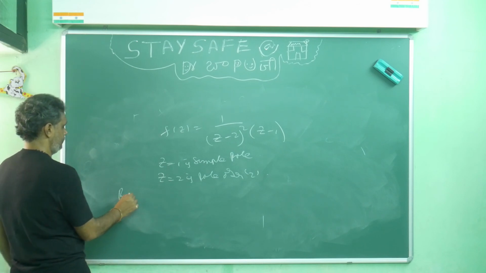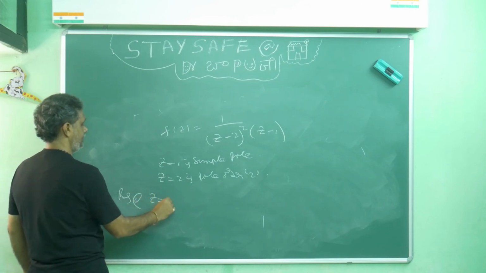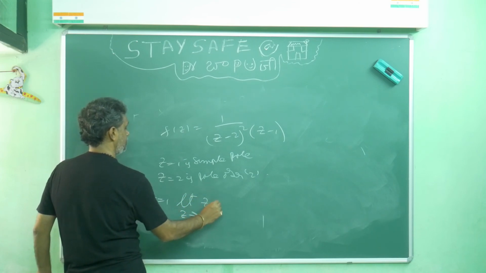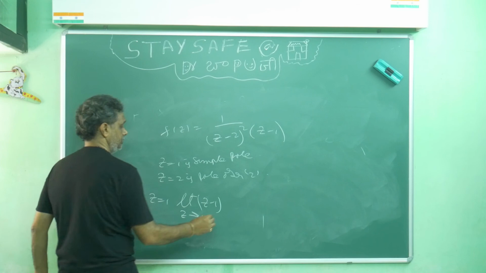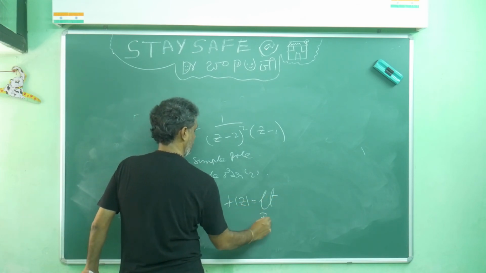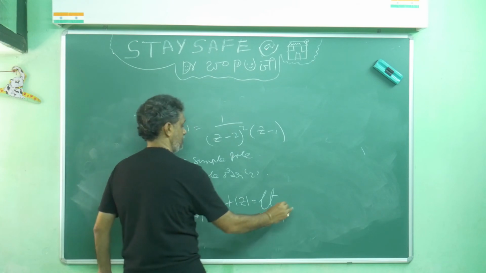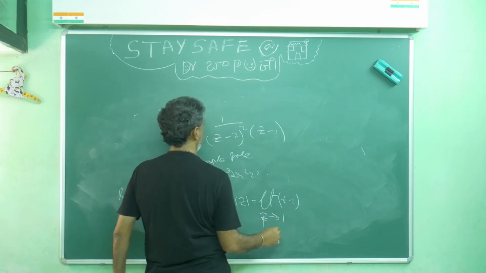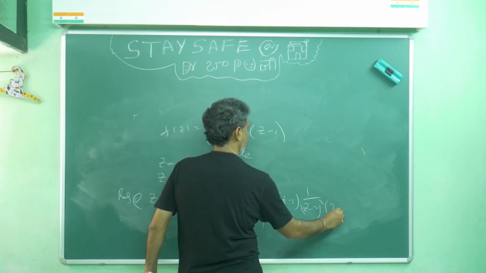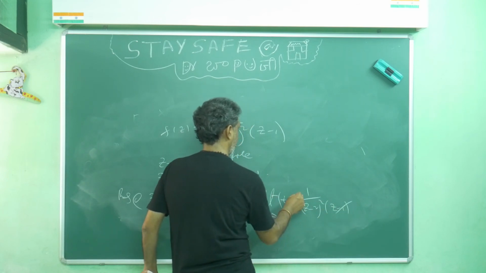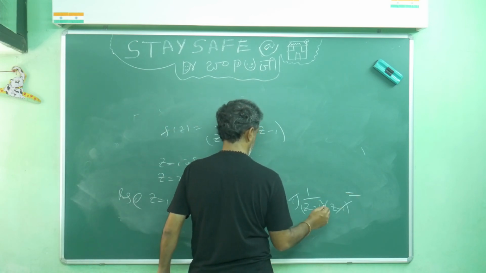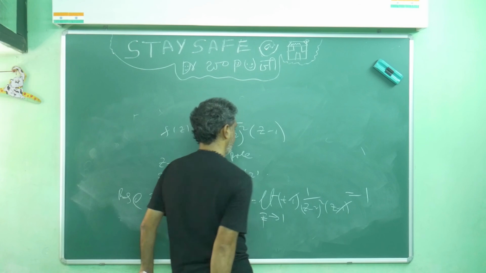The residue at z equal to 1: limit z tends to 1, z minus 1 times f of z. So this is limit z tends to 1, z minus 1, times my f of z, 1 by z minus 2 whole square, z minus 1. Cancel. Z equal to 1 gives 1. 1 minus 2 whole square is minus 1 whole square, which is 1.